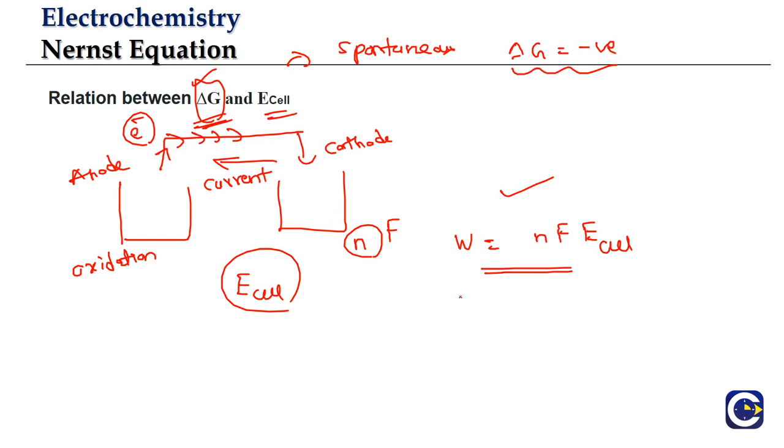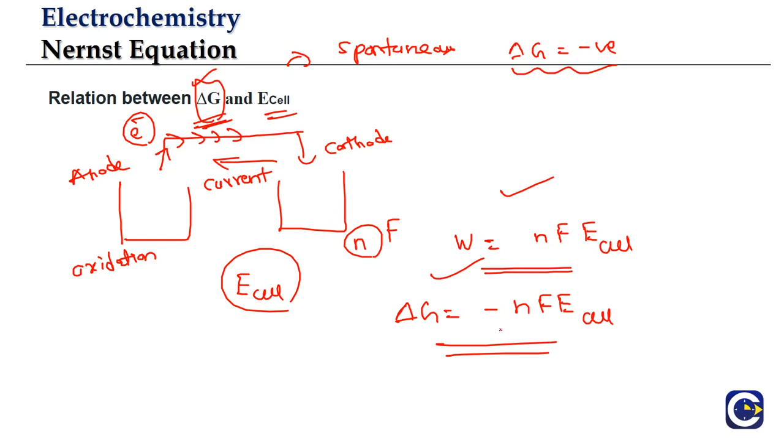It is coming from the free energy change, which is going to be negative, which means that much free energy is lost in doing this work. So the free energy change in the cell reaction is nothing but minus nF into E cell. This much free energy should be reduced, or the free energy change should be this much negative, and that is what is used in driving the charge.